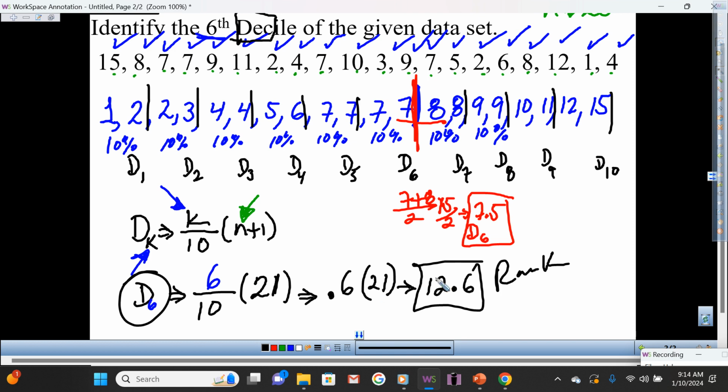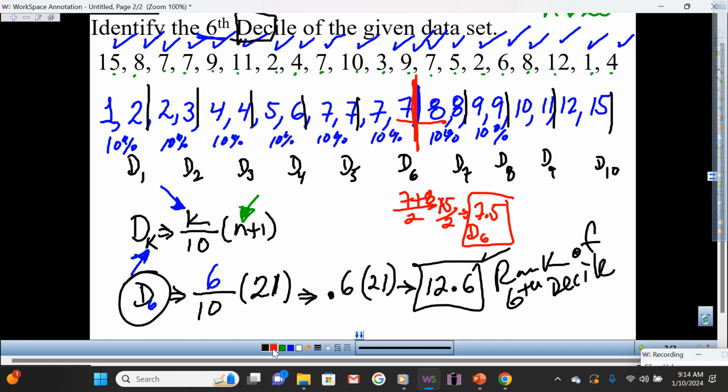Rank of the 6th decile. So check this out. Look up to the screen. That means that whatever number is the 6th decile has to be at around 12 and a half steps. So here it goes.